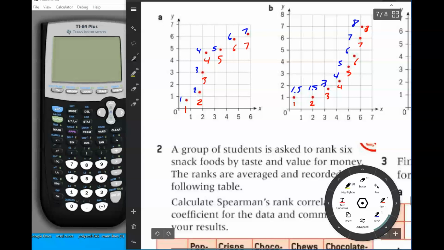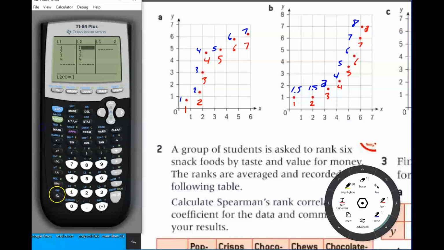Now, in the back of the book, it said that it considered the red dots one slightly above the other, but it doesn't look like that to me. So if I was going to assume that the first two dots are the same height, I would rank the first two dots 1.5, right? So if I'm going to put this data in there, I would put the red data into the first column. So I'm going to put the numbers from 1 through 8 in the first column in order.